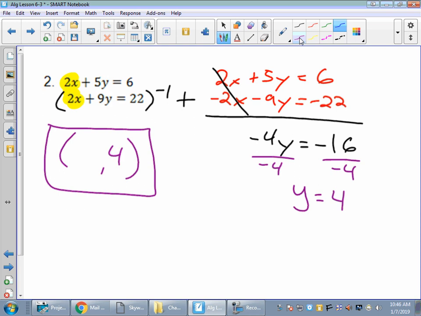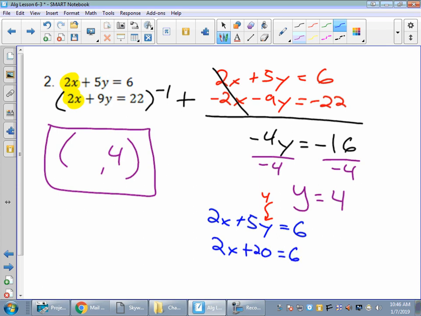So it's going to be 2x plus 5y equals 6. And I'm basically substituting this 4 in for y. So now it's going to be 2x plus 20, because 5 times 4 is 20, equals 6.